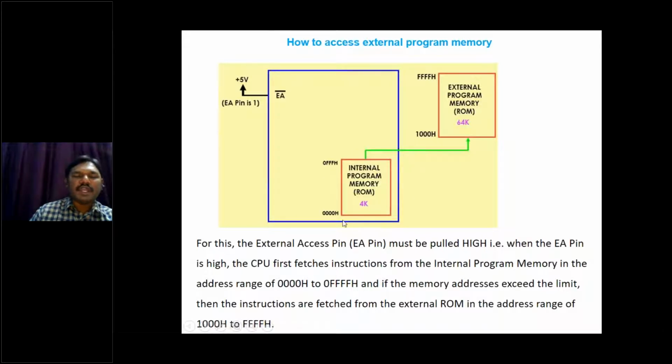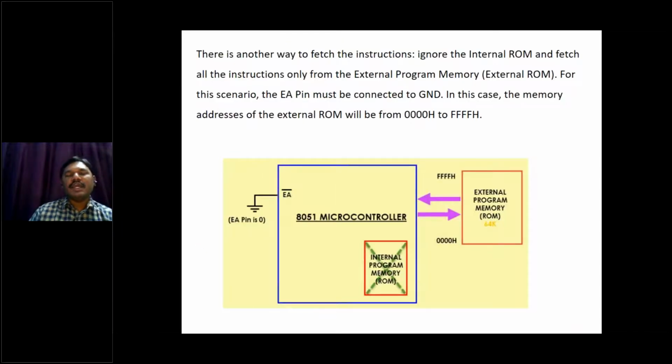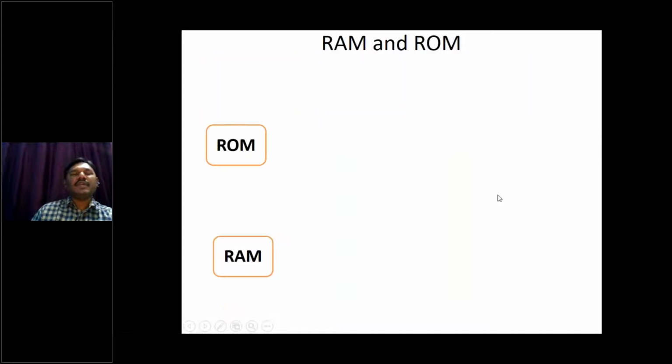After filling the 4 KB of internal memory, it will be switched to this external memory. If we want to use only external memory, then we have to connect this pin to 0. Then the operations are between the SD card, that is the memory card, and 8051, and 8051 and this external memory only. Right.